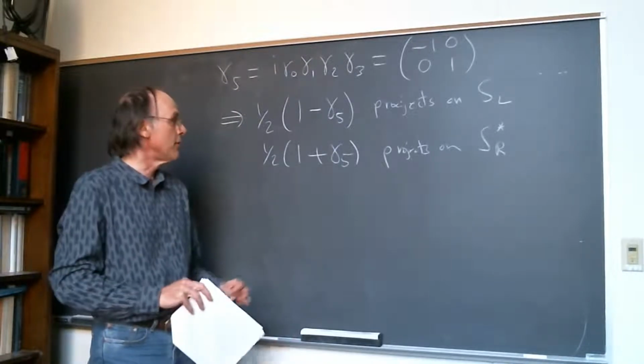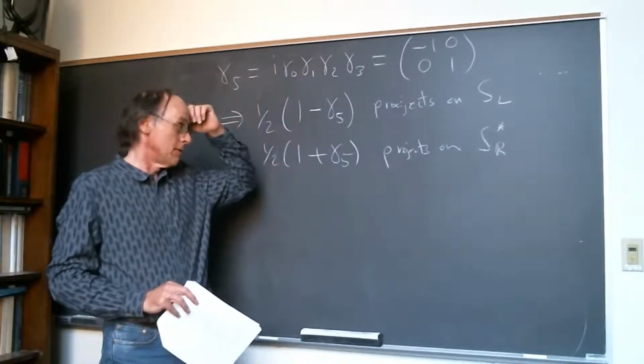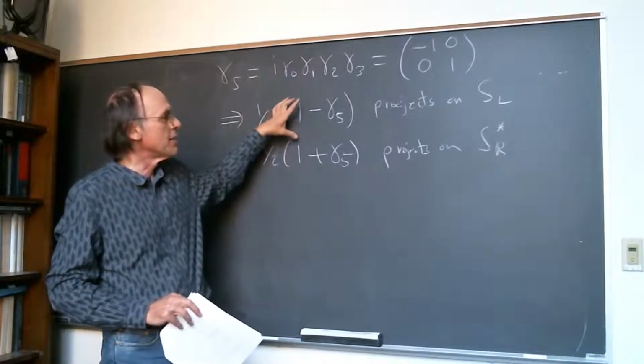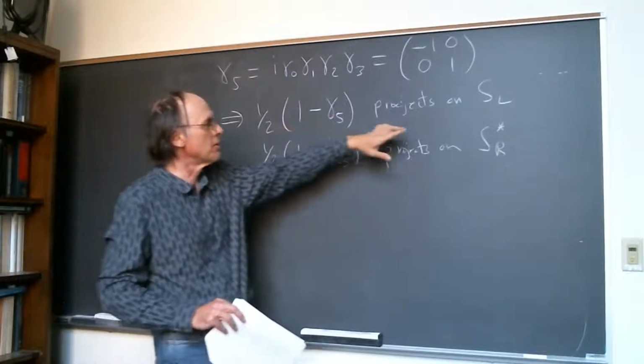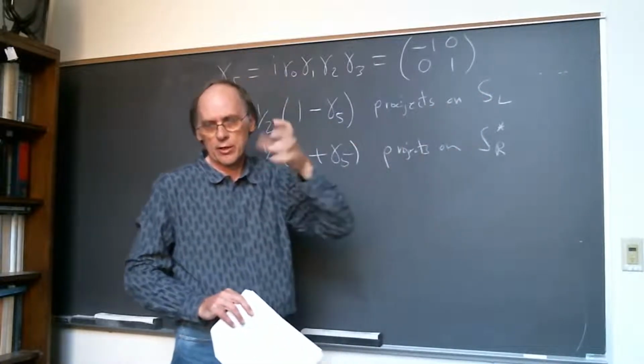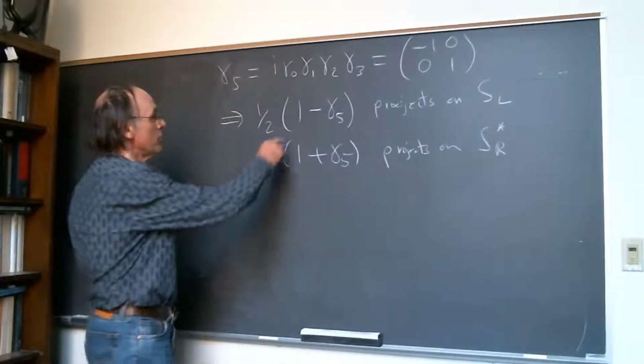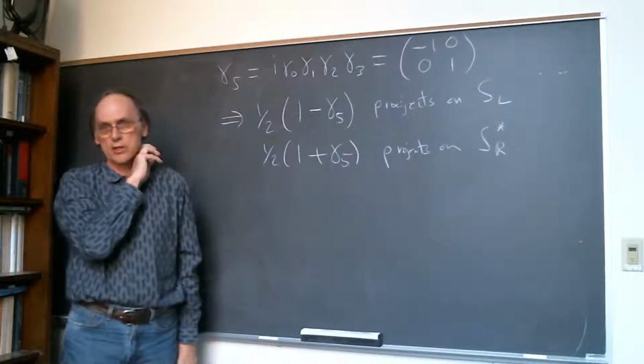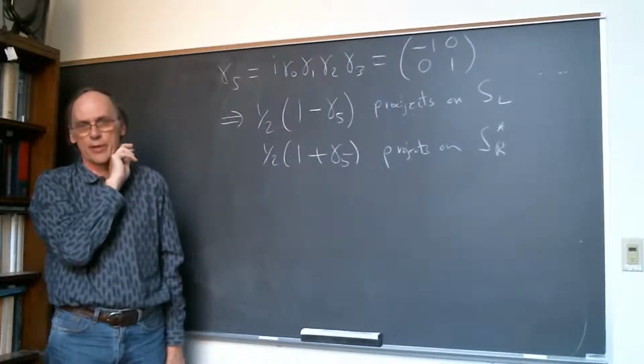But if you do that, sometimes you need to project onto these pieces which behave differently under the Lorentz group, and the way you do it is with these projection operators.